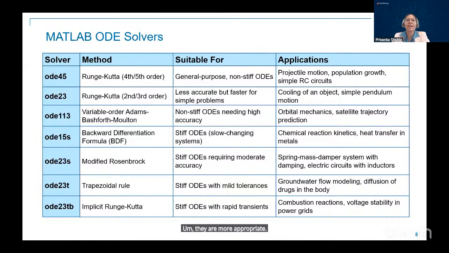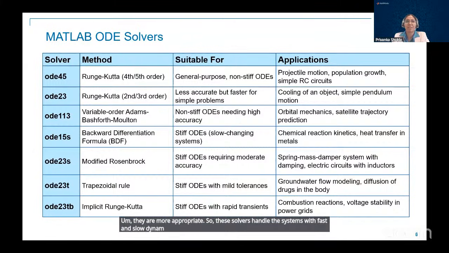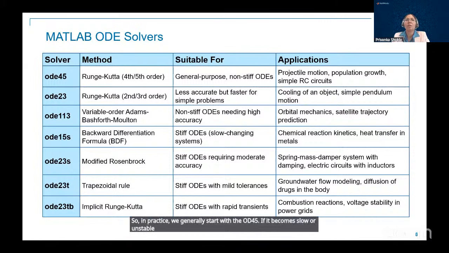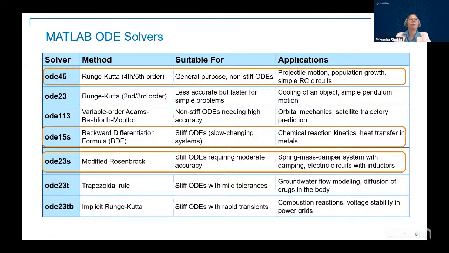These solvers handle the systems with fast and slow dynamics more efficiently. So in practice, we generally start with ODE45. If it becomes slow or unstable, we switch to a stiff solver. In today's session, we will be talking about ODE45, ODE15s, and ODE23s.